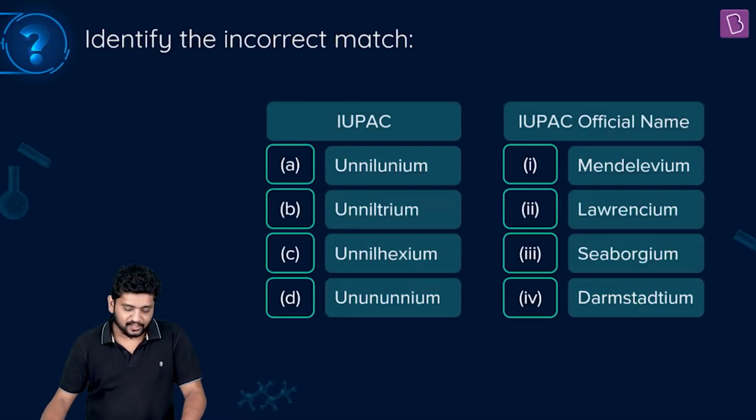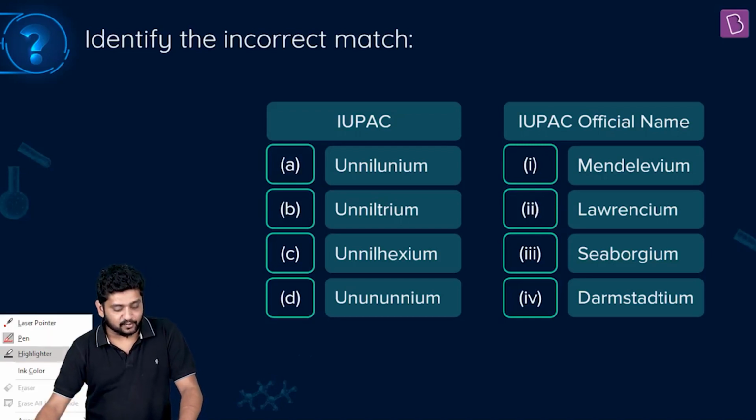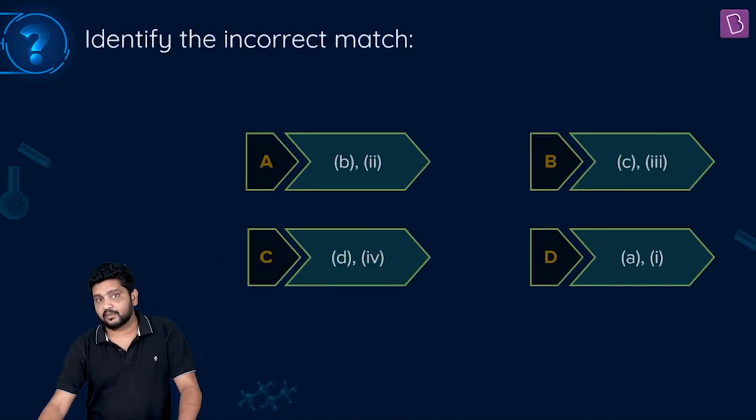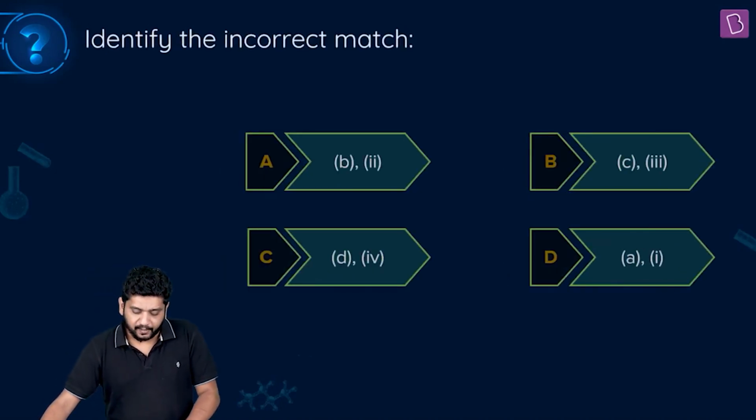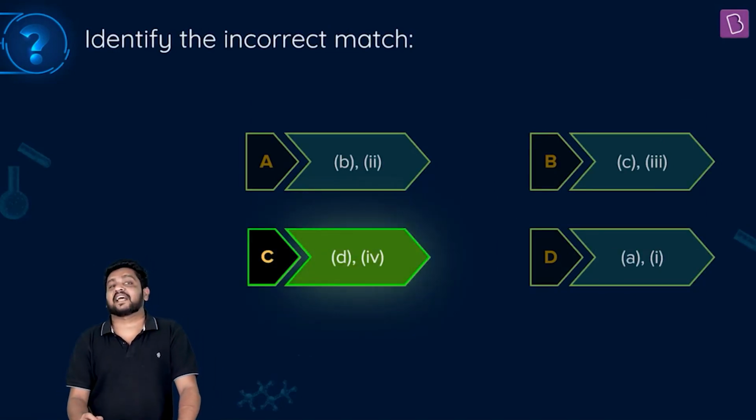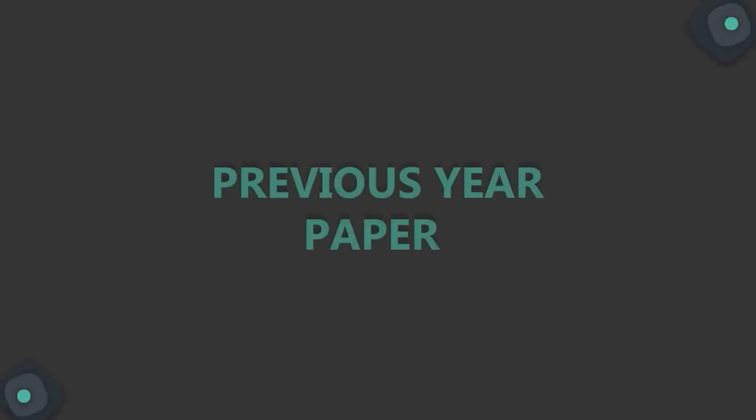The question was asking us to look at the IUPAC names and the official names and guess which one is wrongly marked. Looking at these, the obvious one wrongly marked is the last one, which is called darmstadtium. It should have been röntgenium. So D4 is the one that is wrongly matched, which means C is the correct answer to our question.